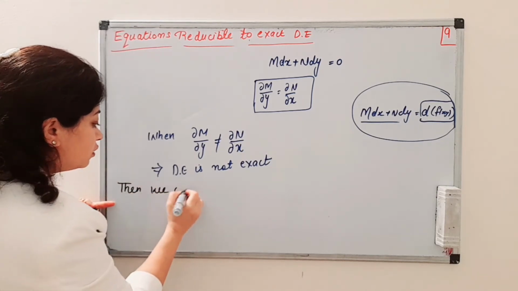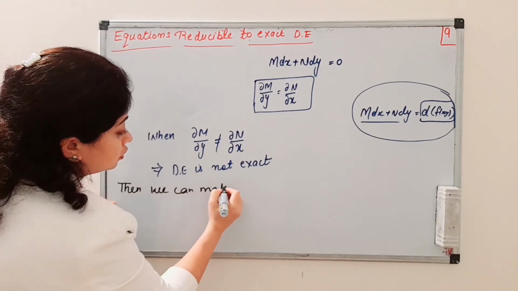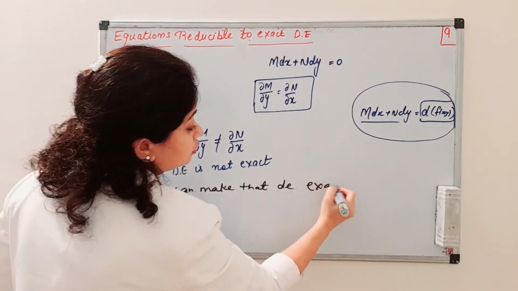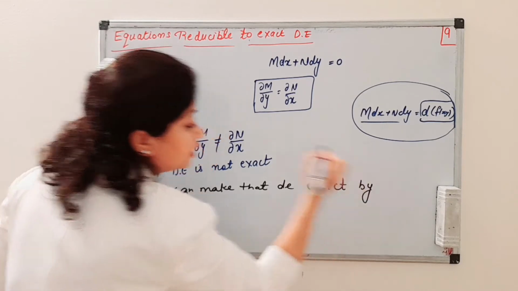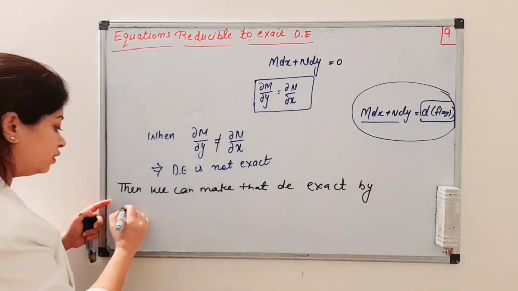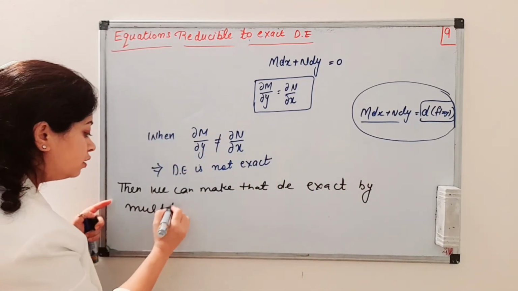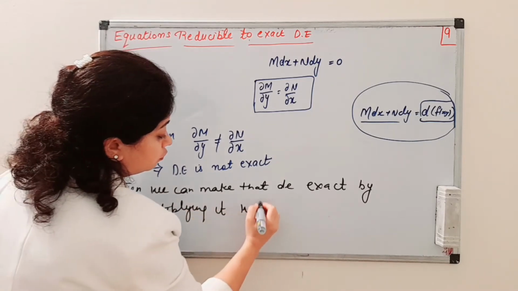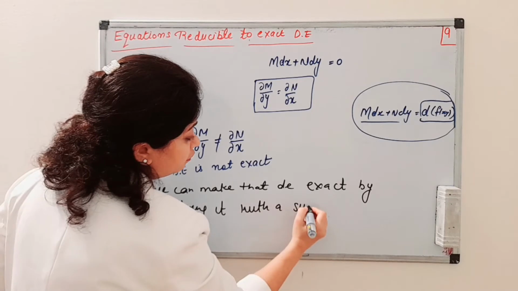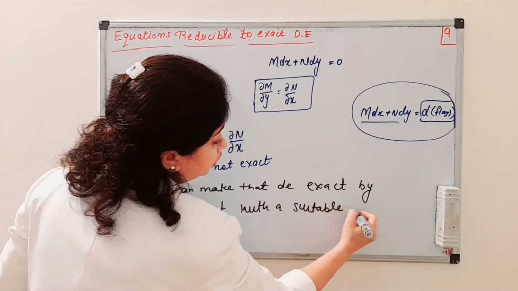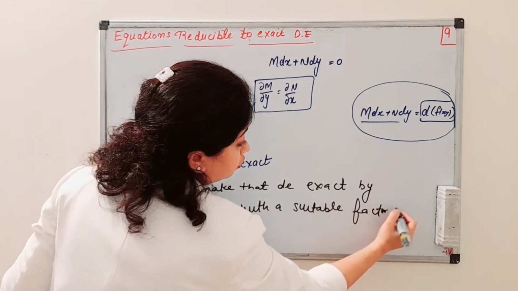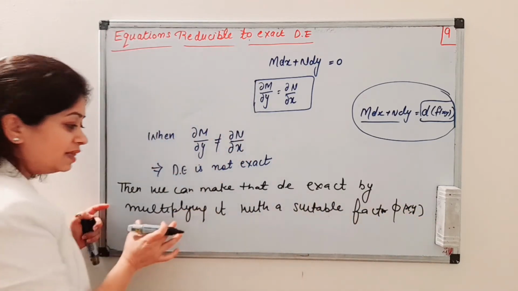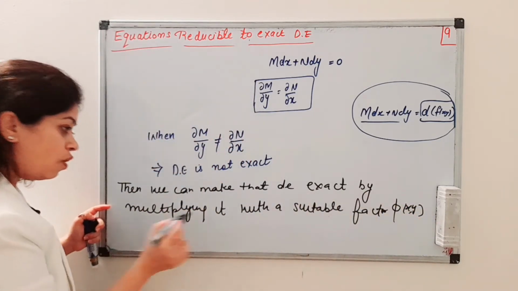We can make it exact by multiplying it with a suitable factor, a function of x and y.